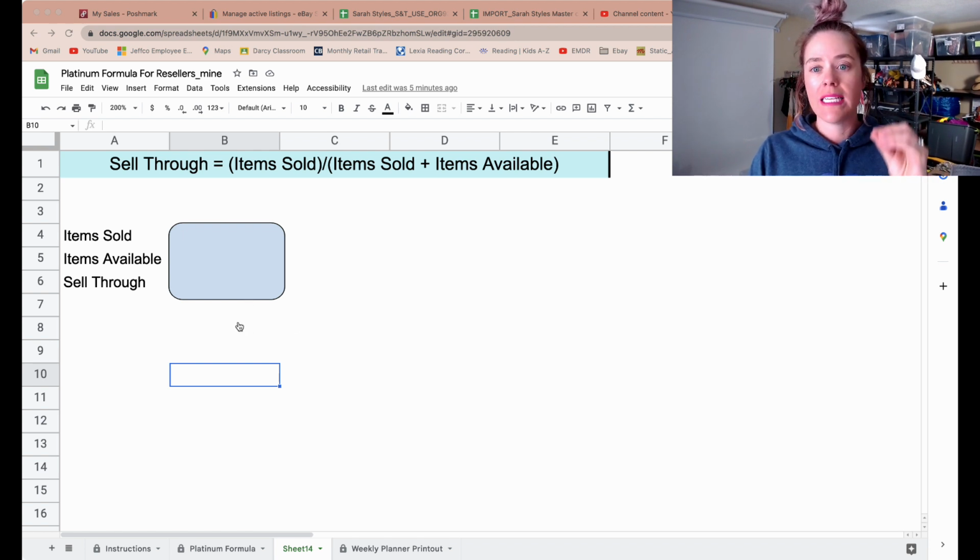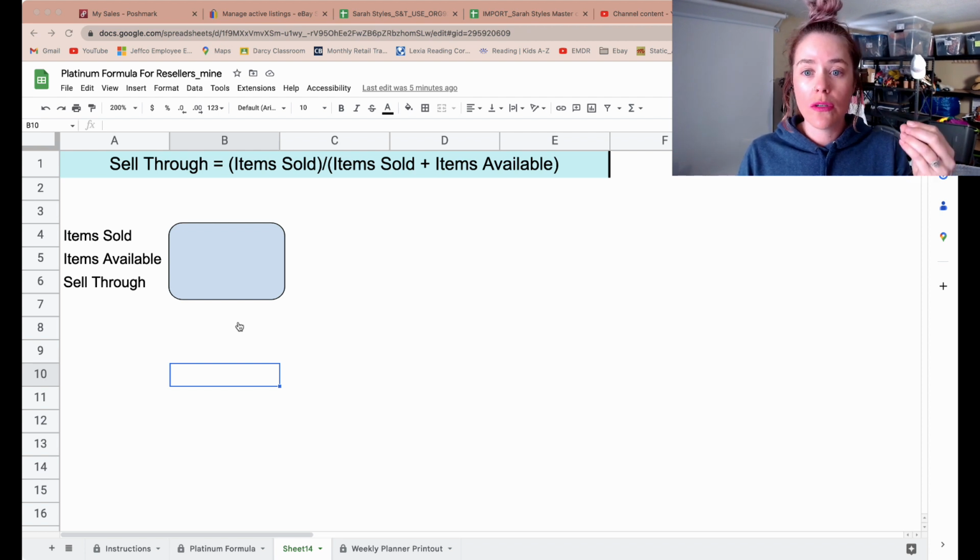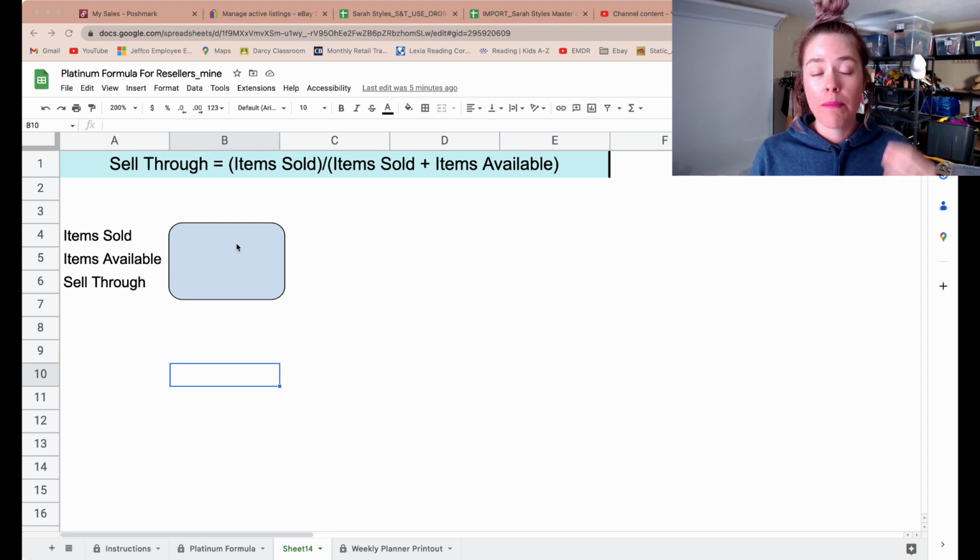So sell-through rate is how many items you've sold out of how many items that you've had for sale. So you take your items sold and then you divide that by how many items were for sale during the time period. Now that means that you divide it by the items that sold, which were available during that time period, right?